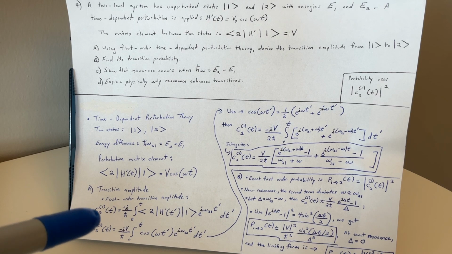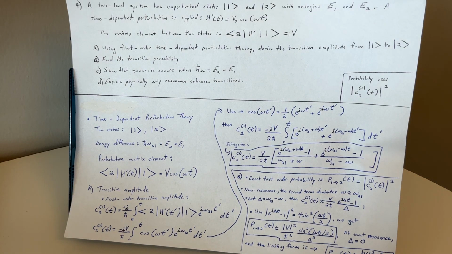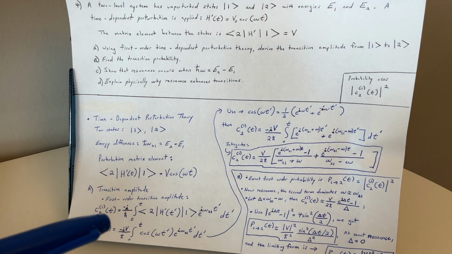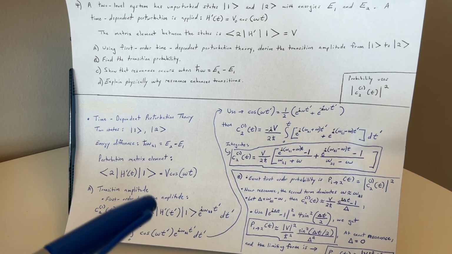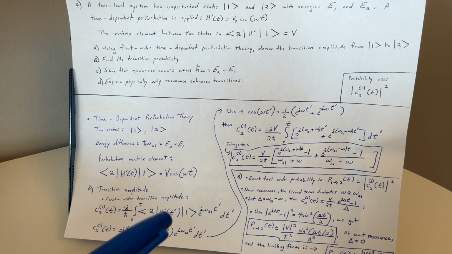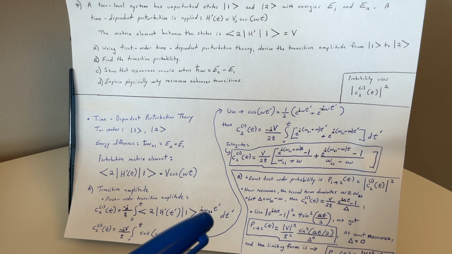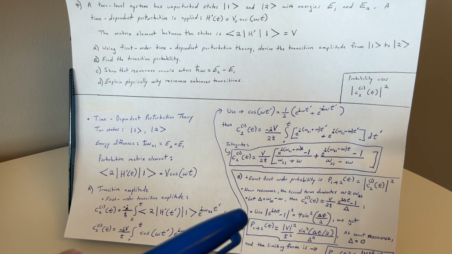So our transition amplitude, going from 1 to 2, the first order transition amplitude, is c sub 2 of t equals negative i over h bar, integral from 0 to t, of Bra 2 H prime of t prime Ket 1, times e to the i omega sub 21 t prime, dt prime.